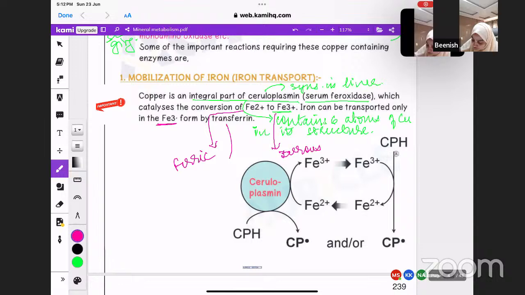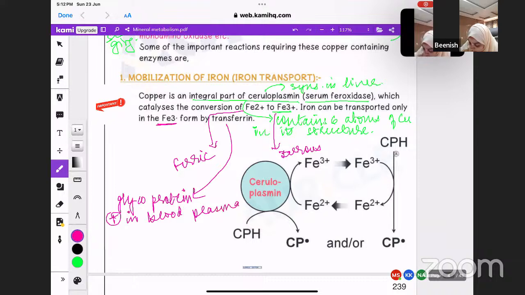Your transferrin is a glycoprotein present in blood plasma involved in iron transport.